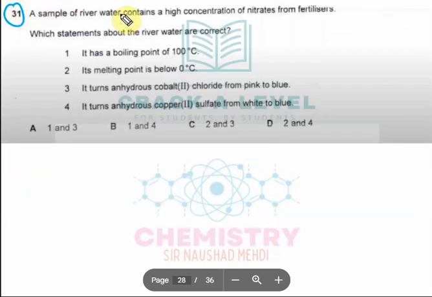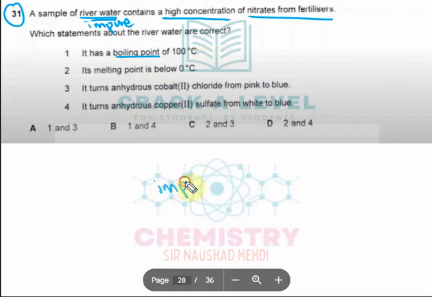A sample of the river water contains a higher concentration of nitrates from the fertilizer. So the river water is impure water. Which statements about the river water are correct? It has a boiling point of 100 degrees. No, because 100 degrees is the boiling point of pure water, not impure water.